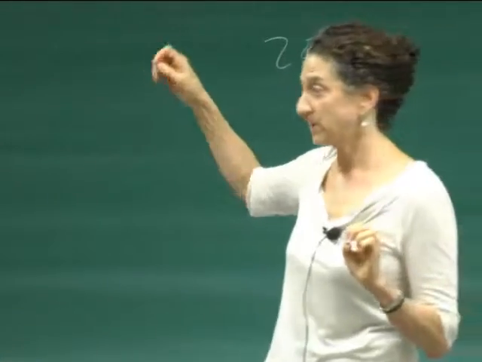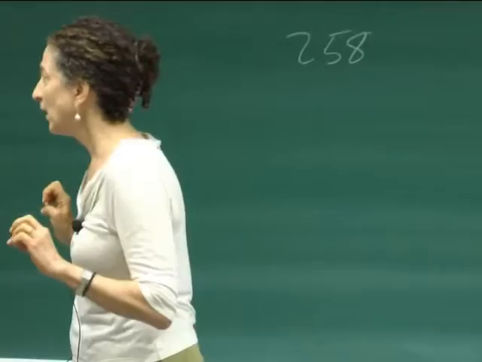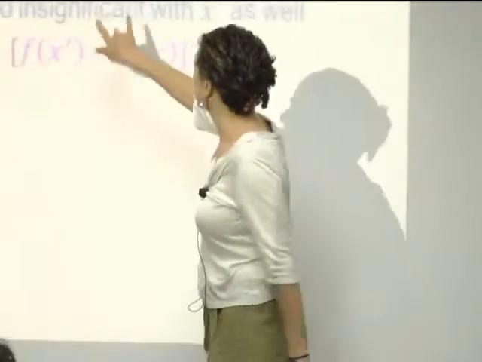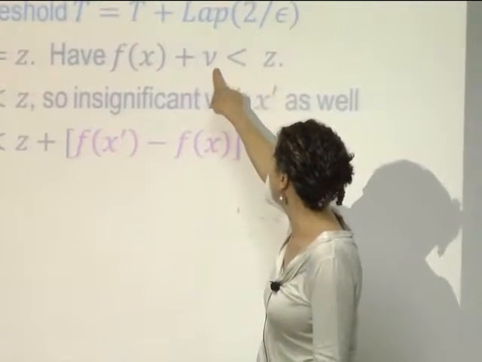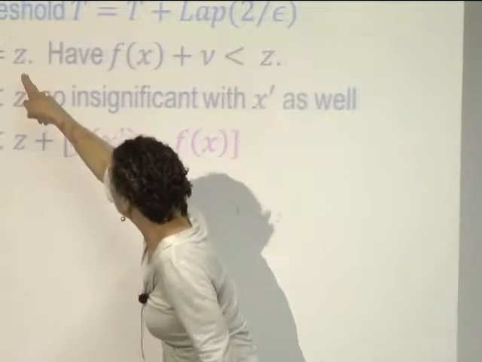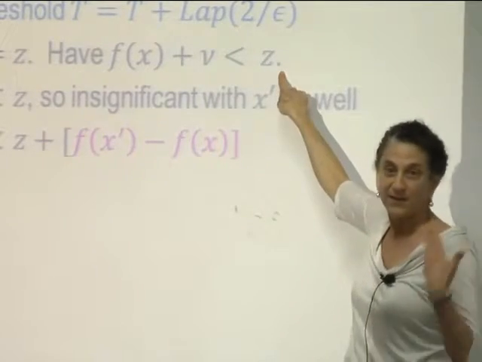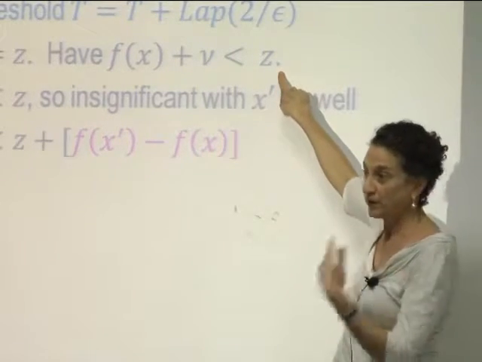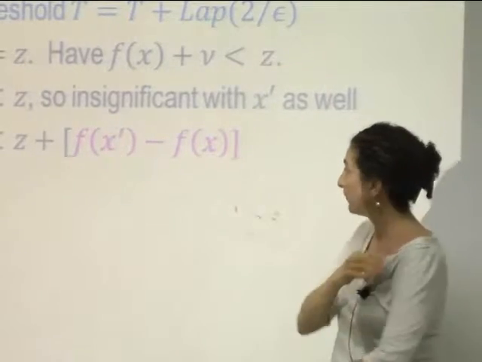OK, so fix some x and x prime, and fix the draw from the Laplace distribution. Fix the value of t hat. Because this is an insignificant round when the database is x, we have that f of x plus this noise is at most z. We fixed the noisy threshold at z. It's insignificant, so it wasn't reported as above threshold, so it's below threshold.